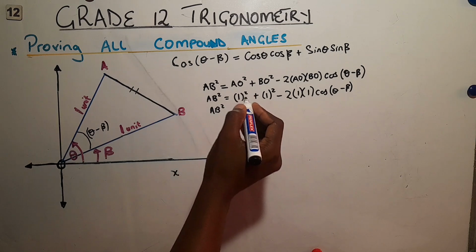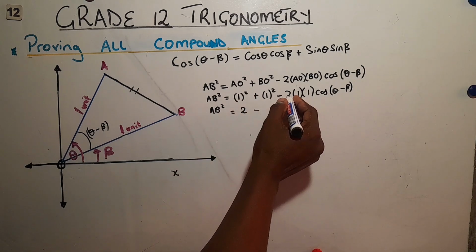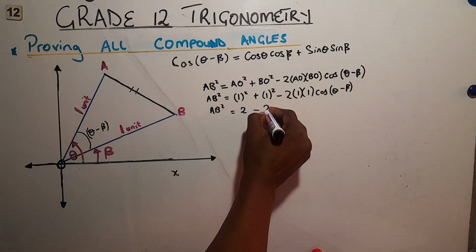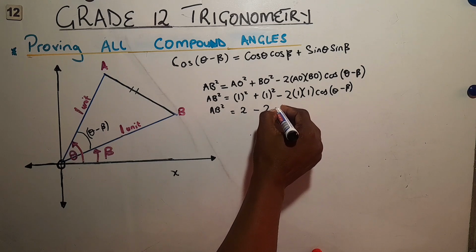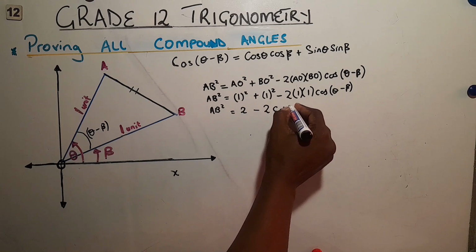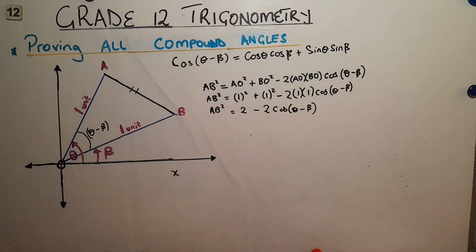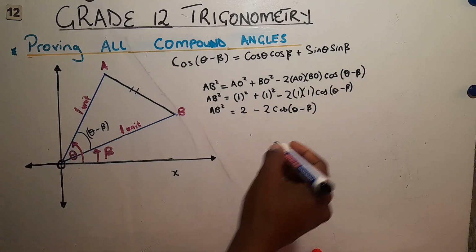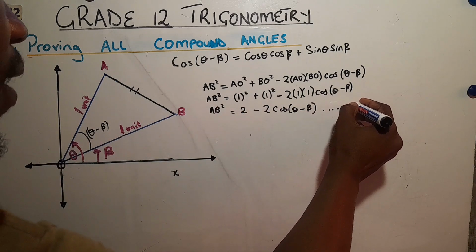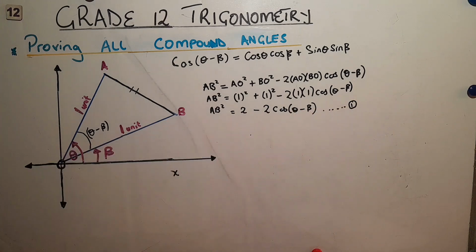That just gives us 2 minus 2 multiplied by cos of theta minus beta, just like that. So this can be our equation number 1.